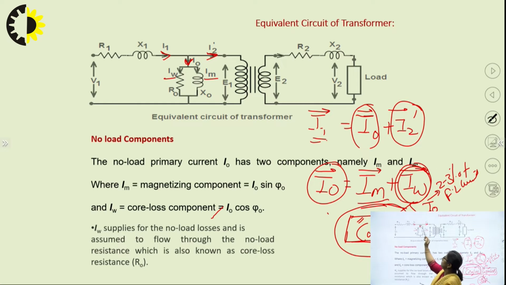That will be represented by an element X0, a reactance, in which this current flows. Whereas the working component, which takes care of the core loss of the transformer, will be represented by a resistance.